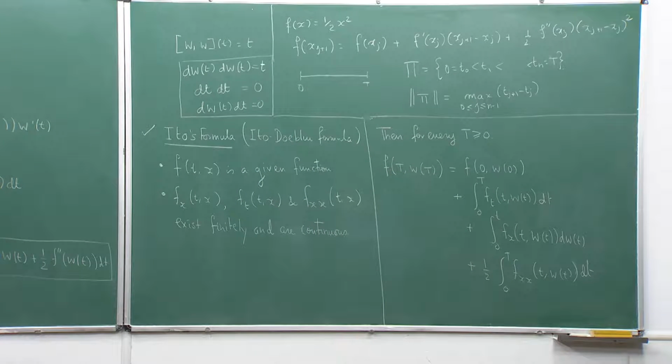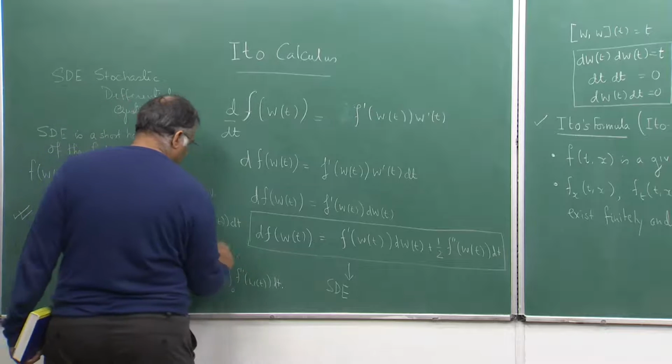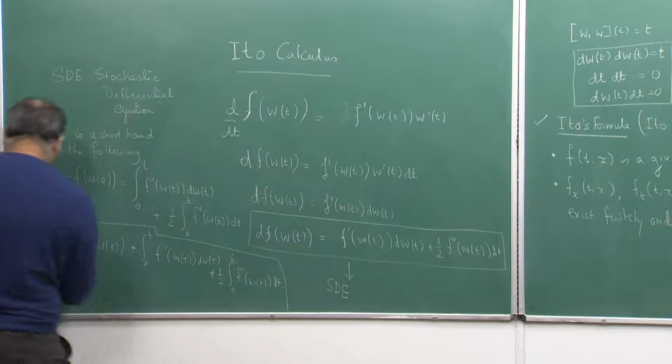So this is the basic preparation that you take, and then once you take this preparation, you start working on it, trying to prove this formula. So let us keep this formula on the side and try to see how we arrive at it.